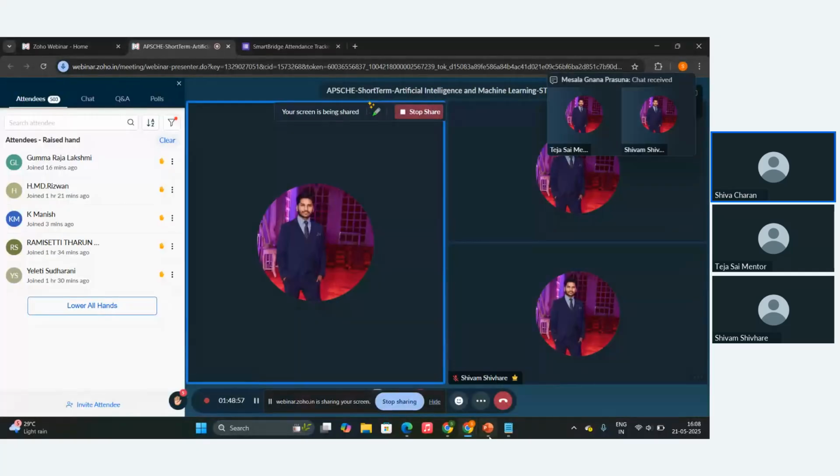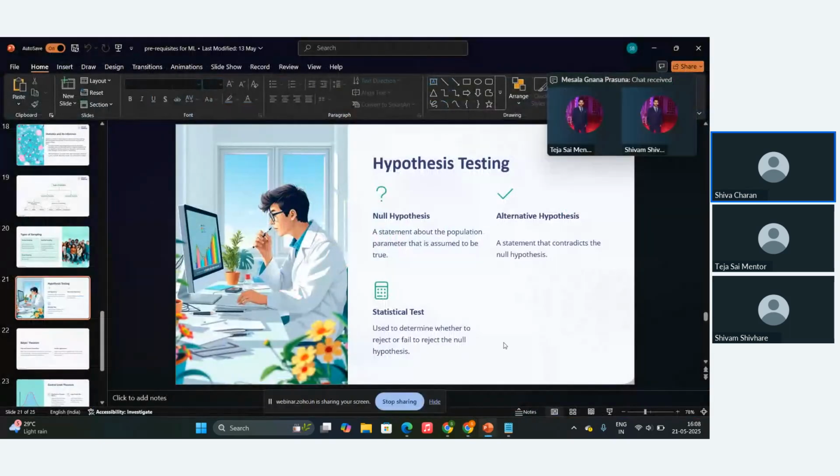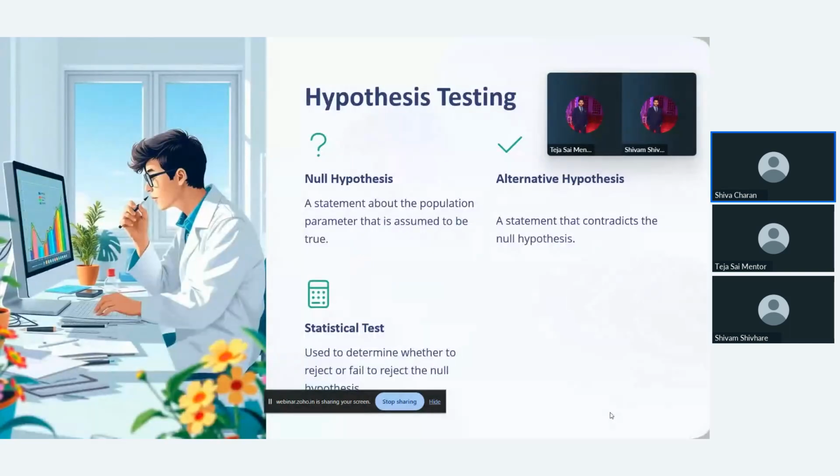Okay, I'm sharing my screen again. So we'll be completing that PPT part. The hypothesis testing.